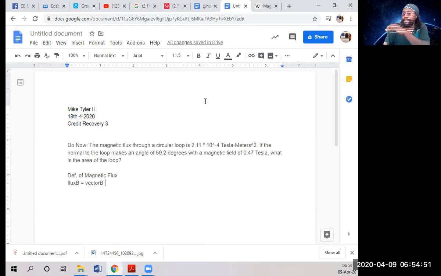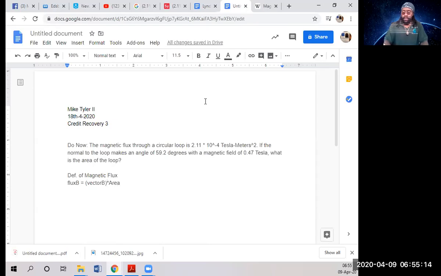All right, so basically the vector B, let's put that in parentheses, is multiplied by area. What's the equation we got here? Area multiplied, let's just type area.